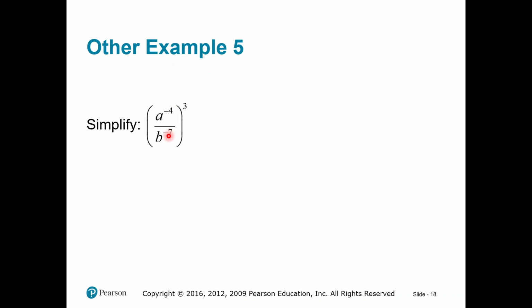These are all exponents, and a and b are different letters, and so we have different bases. So we just multiply them. So 3 times negative 4 and 3 times negative 7. And so we have a to the negative 12 over a to the negative 21.